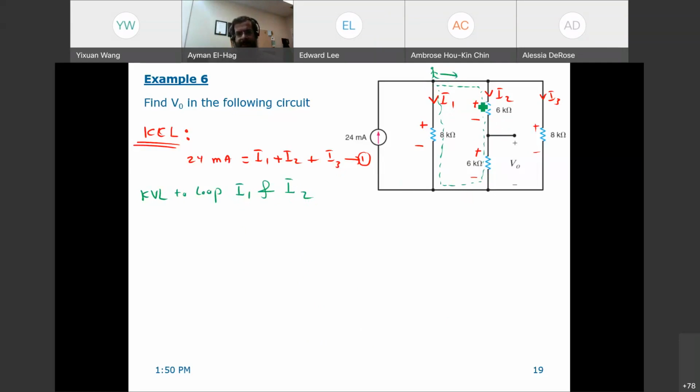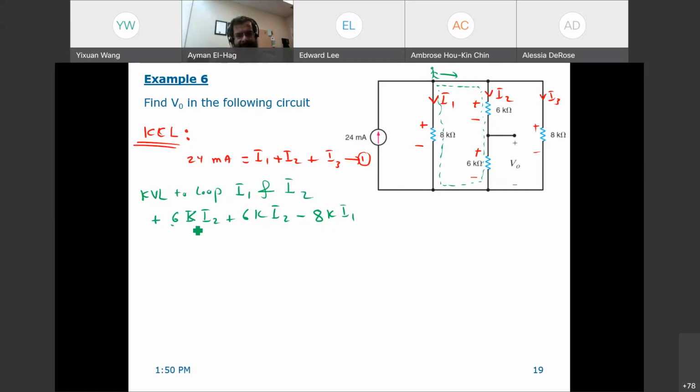So what do we have here? Plus 6K I2, plus again 6K I2, then minus 8K I1.